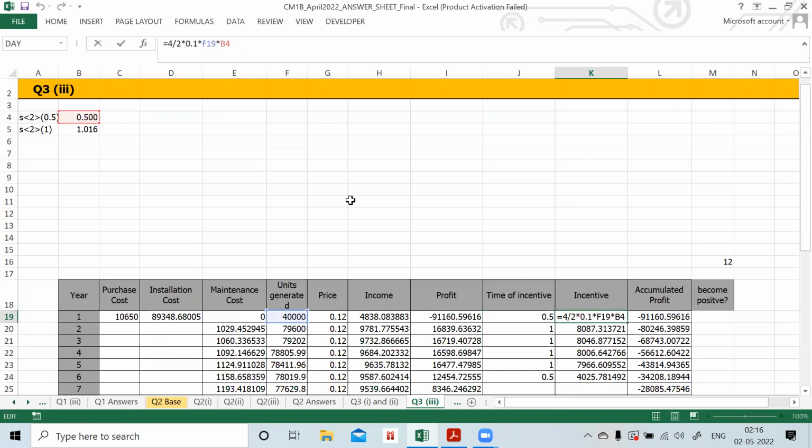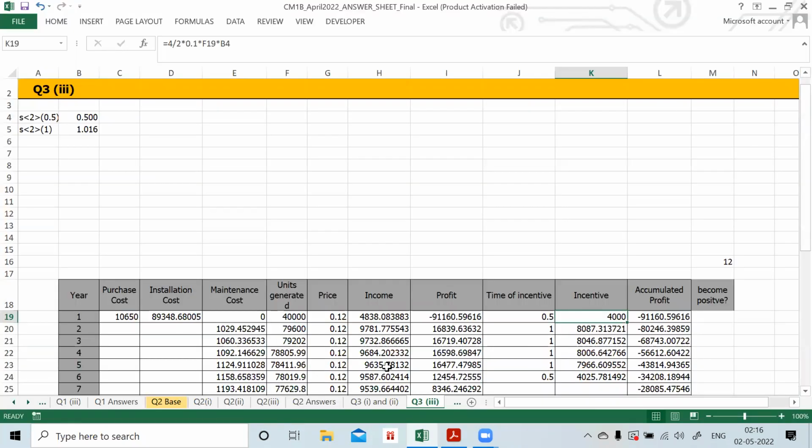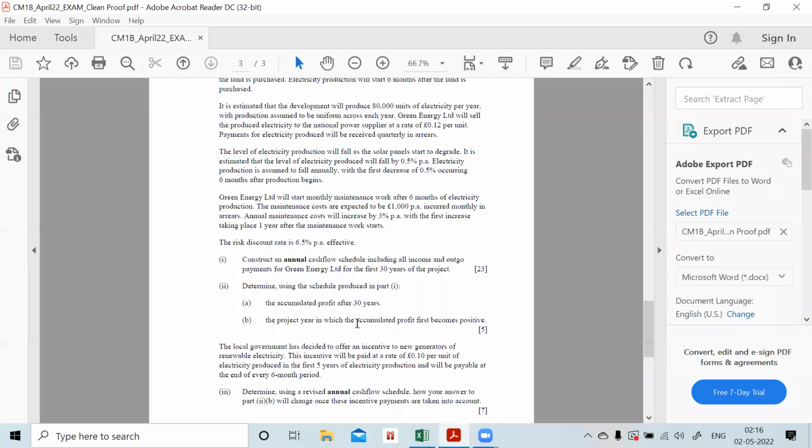How we have calculated 4,000 is 4 by 2, that is 4 payments in a year. So it said 0.1 and will be payable at the end of every 6-month period. So this is 4 by 2, because of the quarterly payments, the electricity produced will be quarterly.